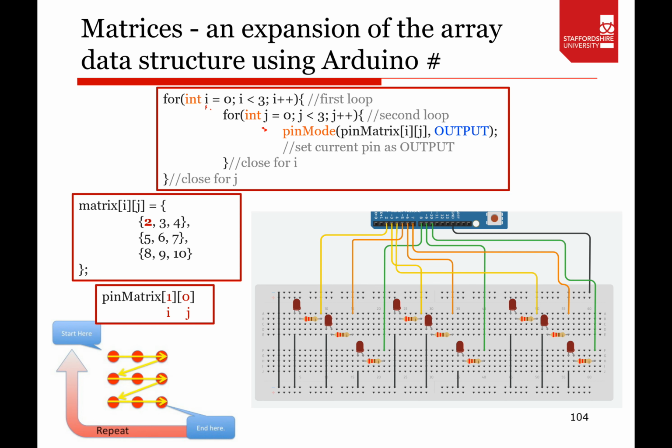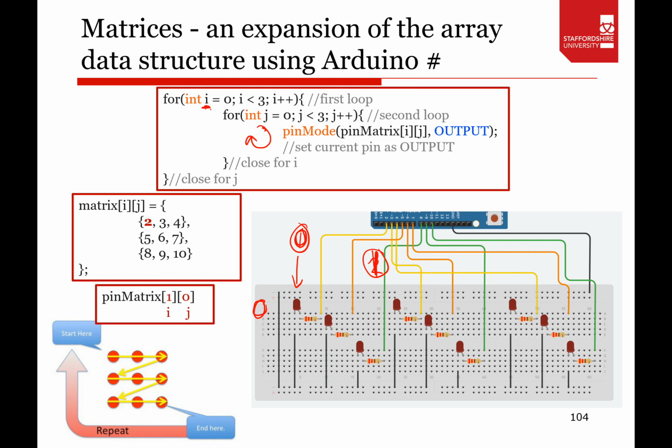So row 0, column 1. Round this loop once, then J gets incremented. Sorry, this is 0, this is 1. So first time round the loop, J equals 0. Second time round the loop, J equals 1.